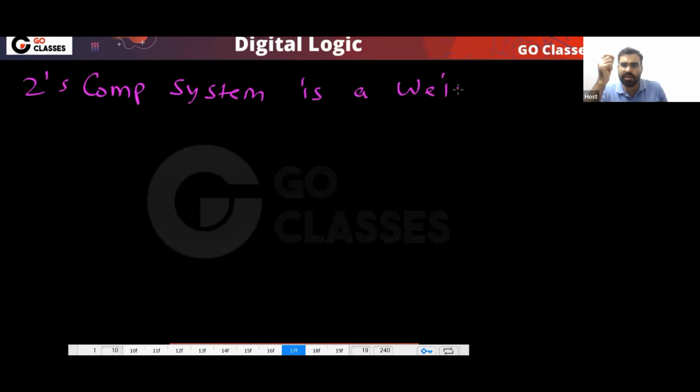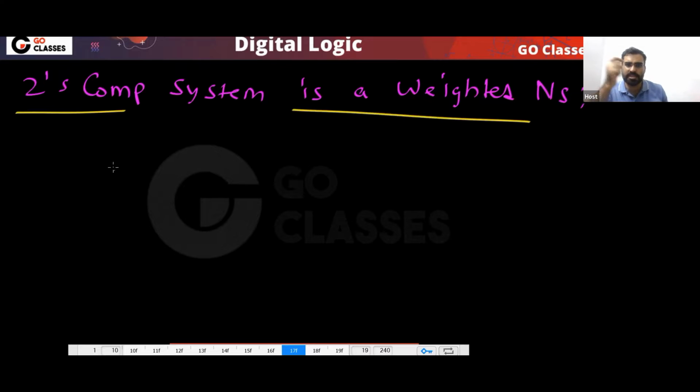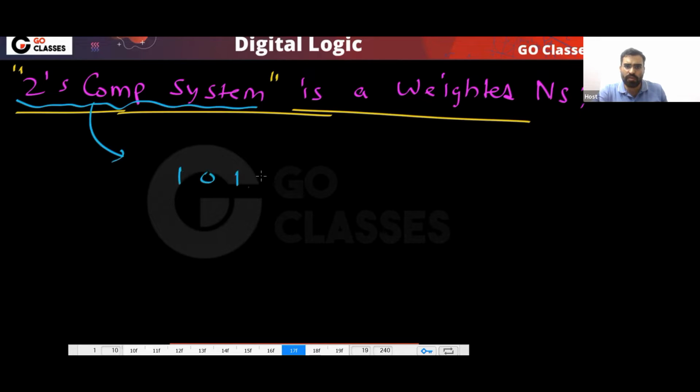What does this mean? If I give you some number in this 2's complement system, let's say 10110, then in that situation, since this is a weighted code, every position has a weight. This will have weight 2 power 0. This will have weight 2 power 1.